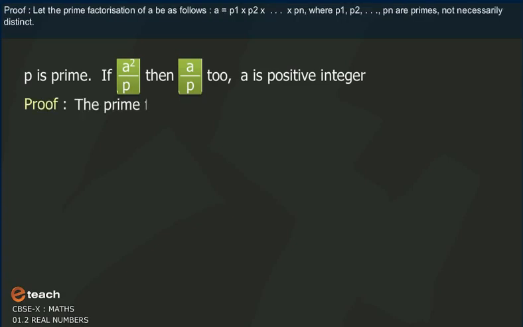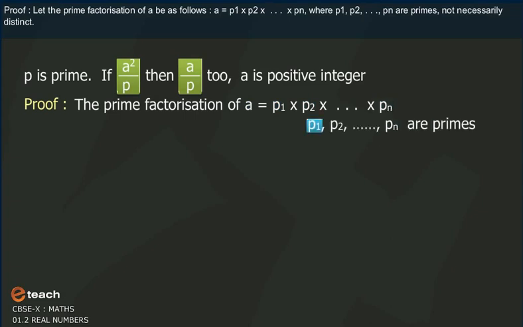Proof. Let the prime factorization of a be as follows. a is equal to p1 into p2 into pn, where p1, p2 and pn are primes, not necessarily distinct.